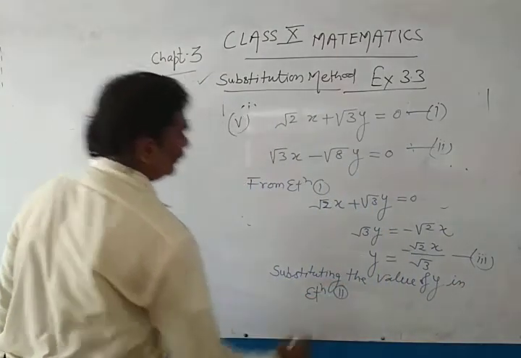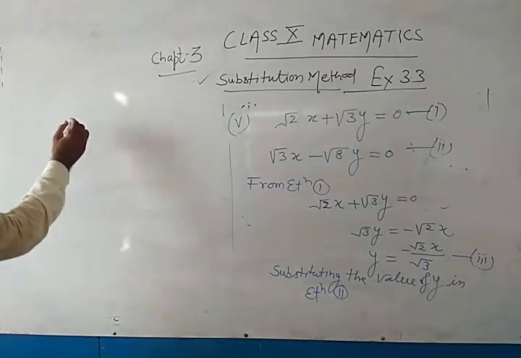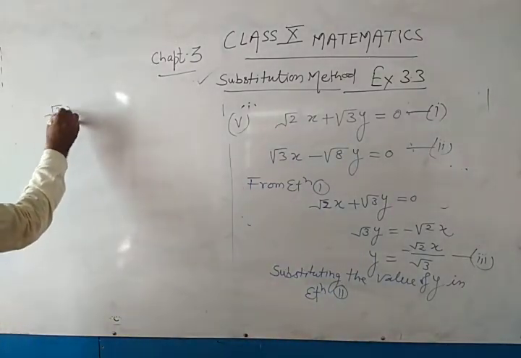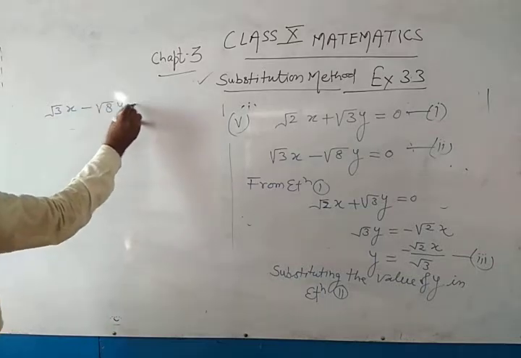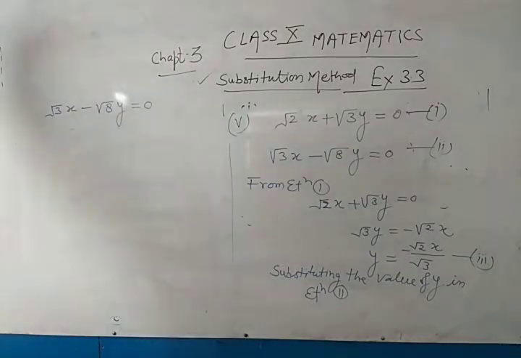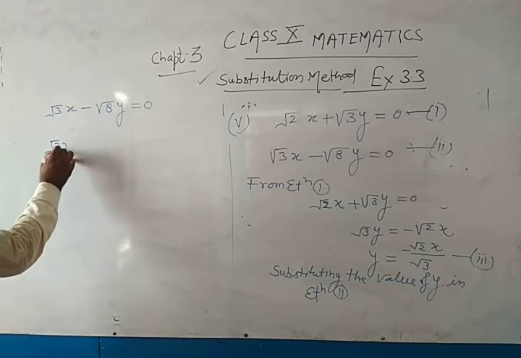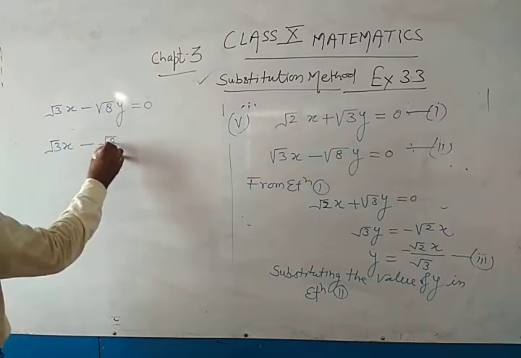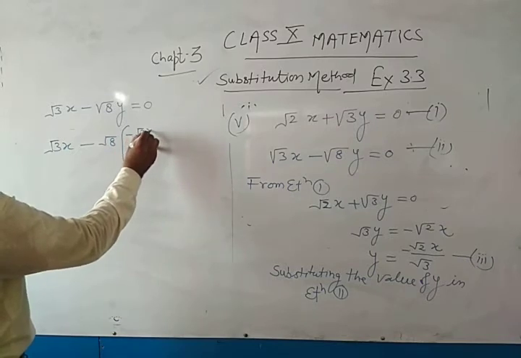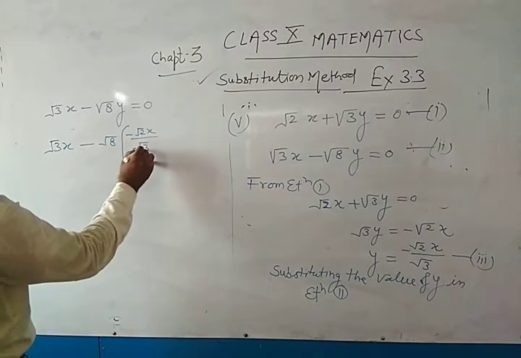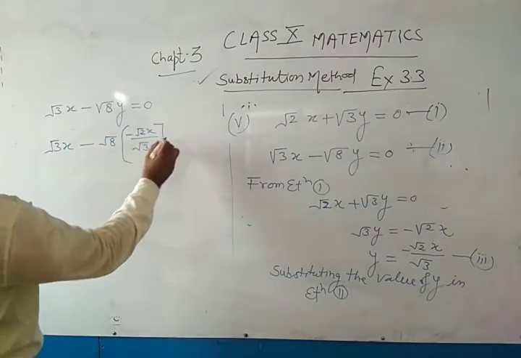We have equation second, root 3x minus root 8y is equal to 0. Now we will put the value of y here: root 3x minus root 8 multiplied by (minus root 2x upon root 3) is equal to 0.